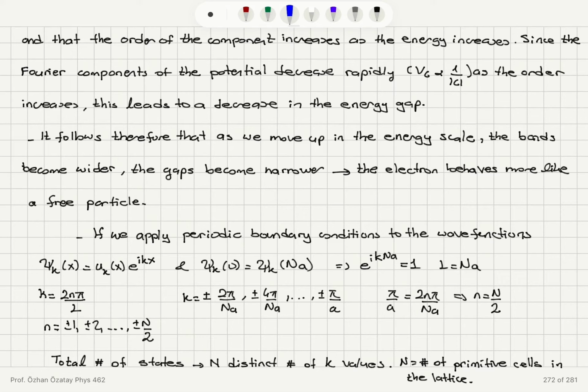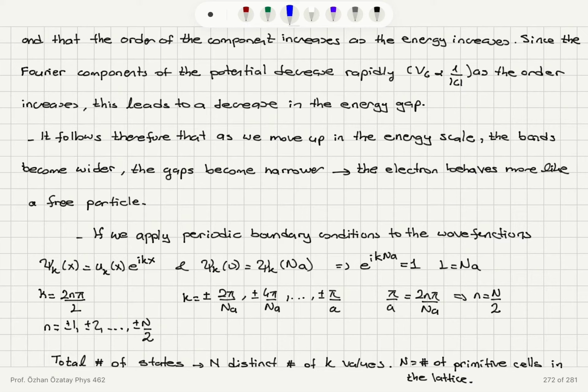Now, on the other hand, when we look at our Bloch wave solutions, and if we look at the periodic boundary conditions, psi k of 0 is equal to psi k of Na. So at the edges of our crystal, we should have the same wave function. This gives us e to the ikNa equals 1, and L, the length of our one-dimensional crystal, is capital N a.